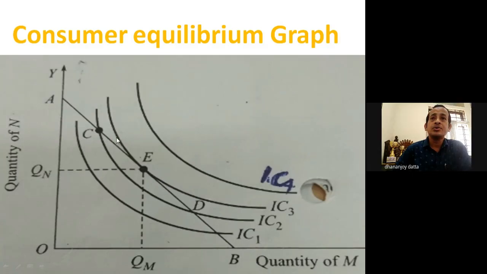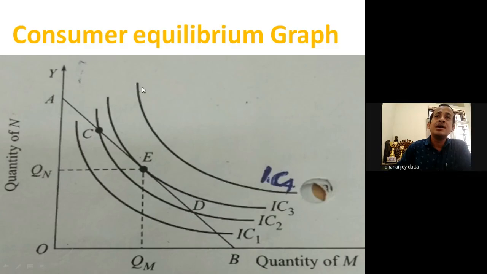Okay, so basically this point E is the equilibrium point, where the combination of the two goods within the limited budget with the given price, the consumer is able to purchase, and here the consumer will get the maximum satisfaction. Because if we talk about indifference curve 4, it is not possible.